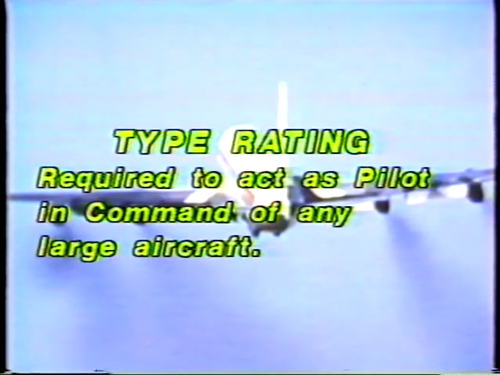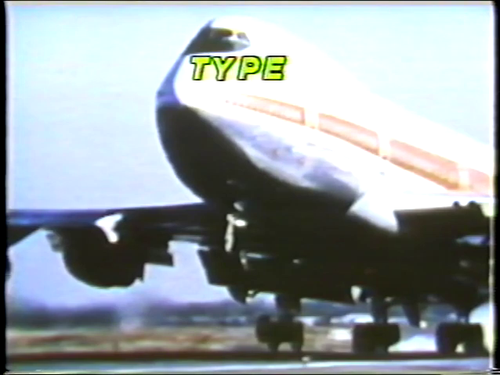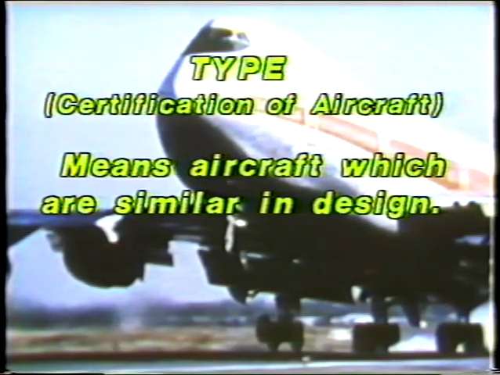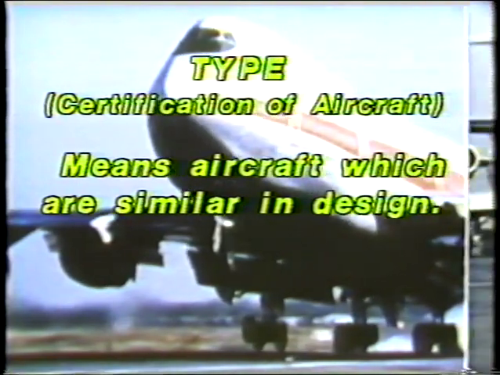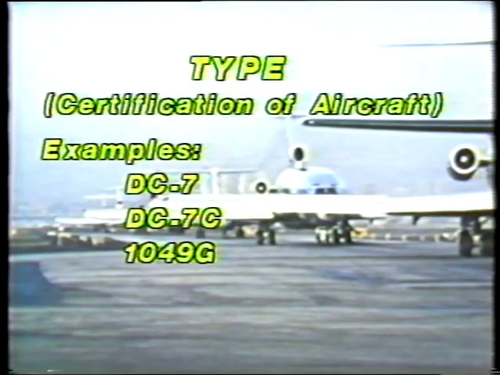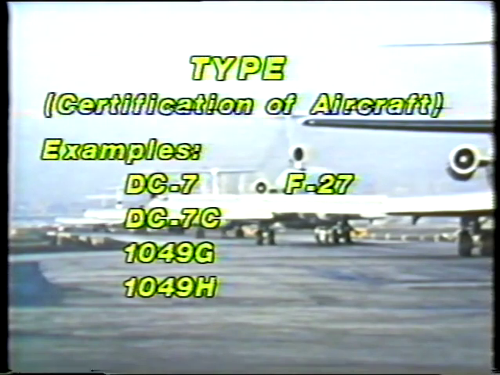A type rating is required to act as pilot in command of any large aircraft. As used with respect to certification of aircraft, this means those aircraft which are similar in design. Examples include DC-7 and DC-7C, 1049G and 1049H, and F-27 and F-27F.